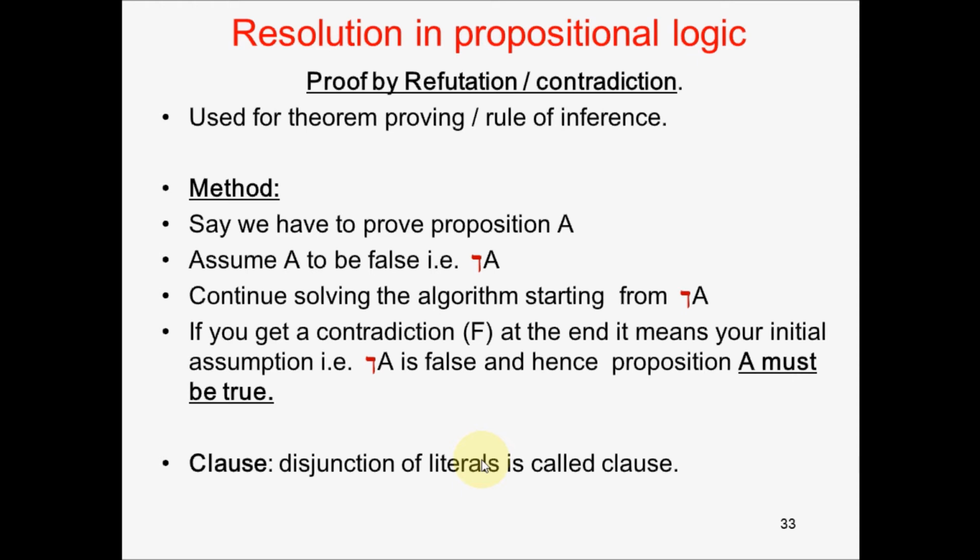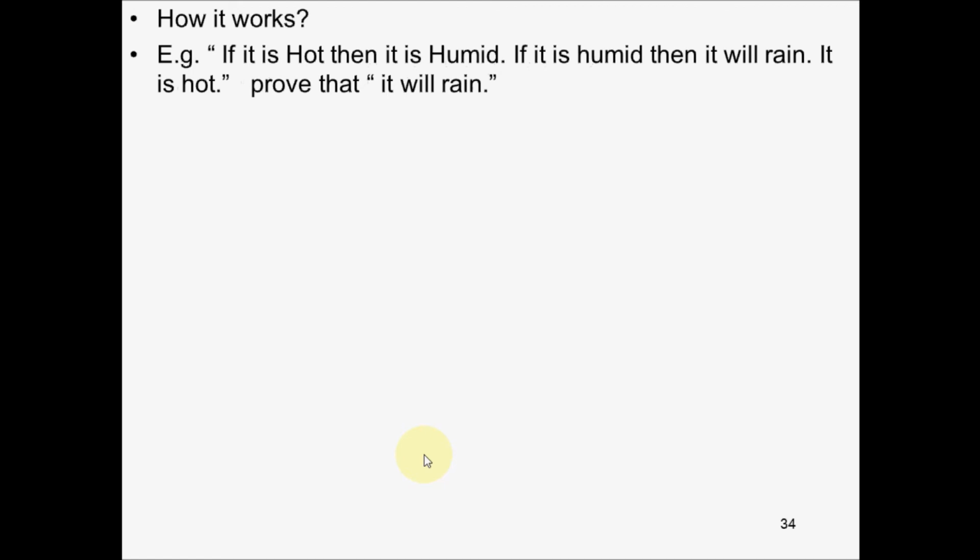Now it is always good that for any algorithm that we see, we also solve an example and see how it works. So let us see how this resolution algorithm works for propositional logic. Let us take an example. Suppose the machine is fed with these sentences.